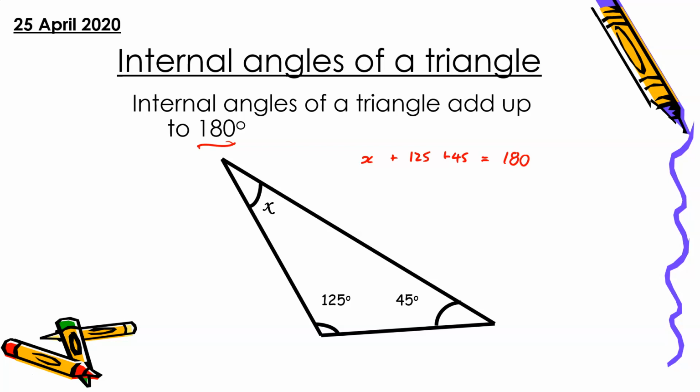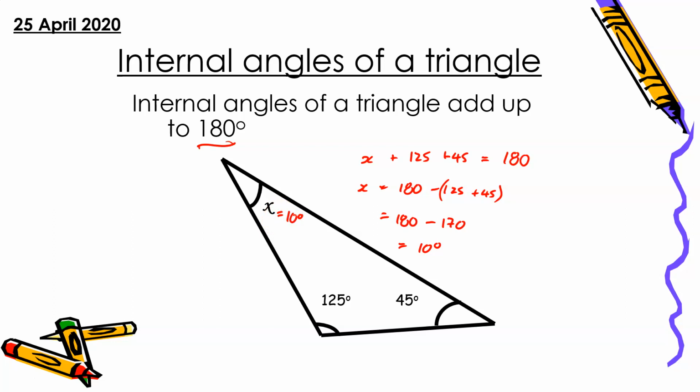Because the only unknown is the angle x, we can use that to work out the size of x. So 180 take away 125 plus 45, which gives us 180 take away 170, meaning that x must be equal to 10 degrees. So this angle here must be 10 degrees.